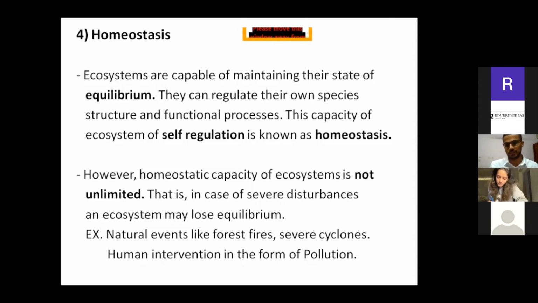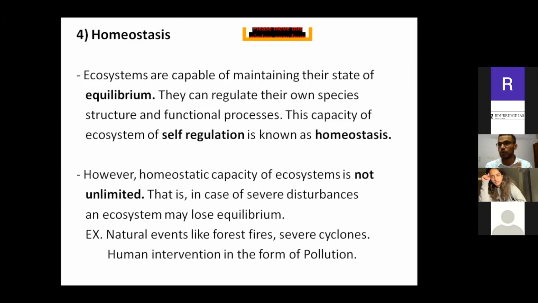Ecosystem services. So what are ecosystem services? We have discussed that there are various components like biotic and abiotic, right? And those components we human beings use for various purposes. For example, we get food, water, fiber, medicinal plants.